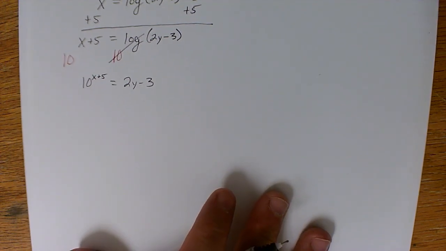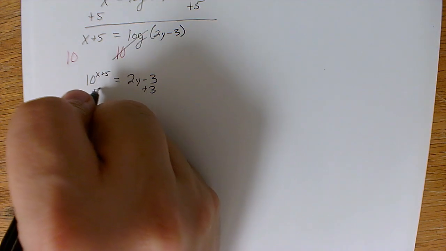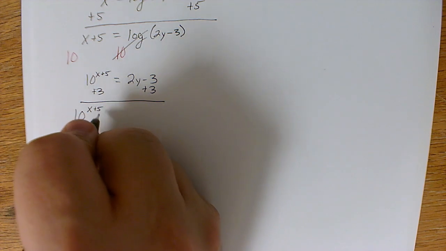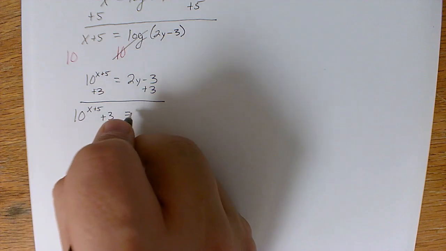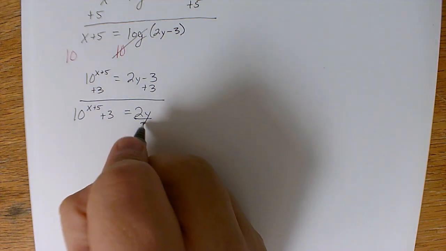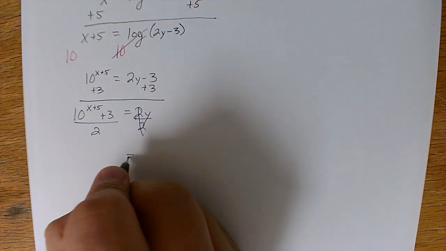Couple more steps. Add 3 to both sides. So we'll have 10 to the x plus 5 power plus 3 is equal to 2y. And then we'll divide both sides by 2. Don't worry about trying to make anything super nice.